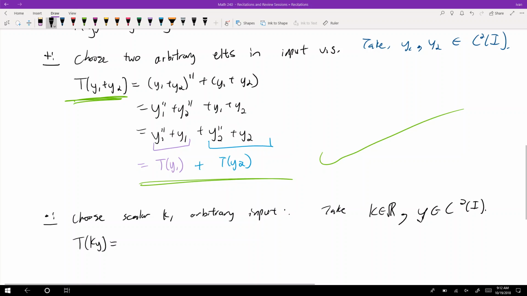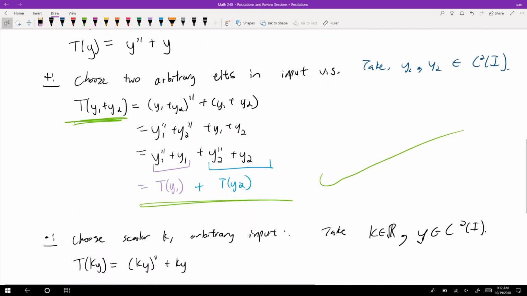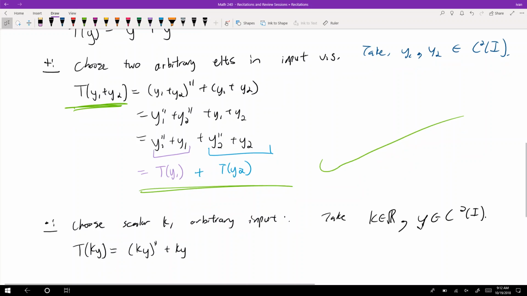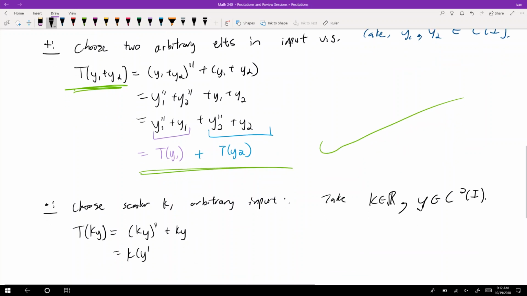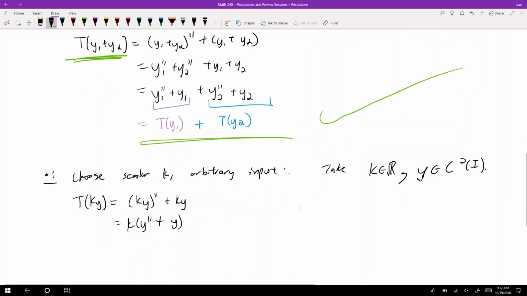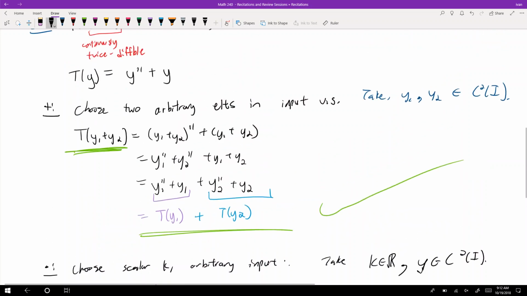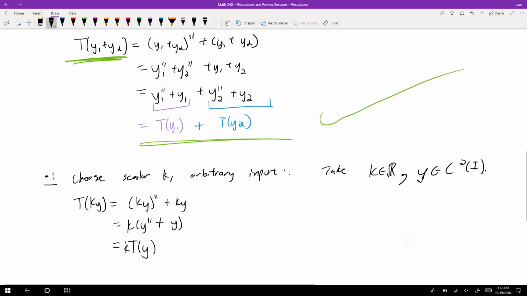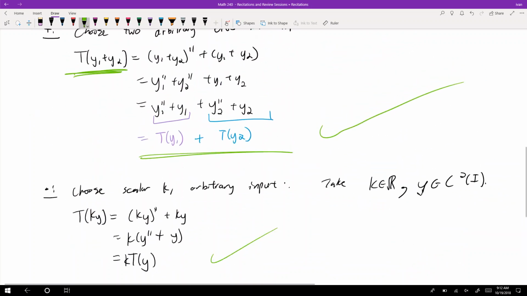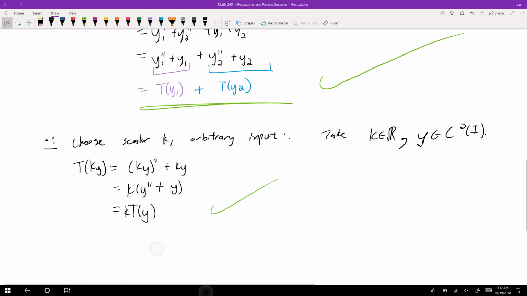Well, we just replace the y's with ky. So now I got ky double prime plus ky. Which is, I mean, I can just factor out that k in front. So now this is k times (y double prime plus y). And what is y double prime plus y? T of y. And I forgot the k out in front, but there you go. k T of y, which is exactly what we have for the second case. So that's good. And therefore, this is a linear transformation.